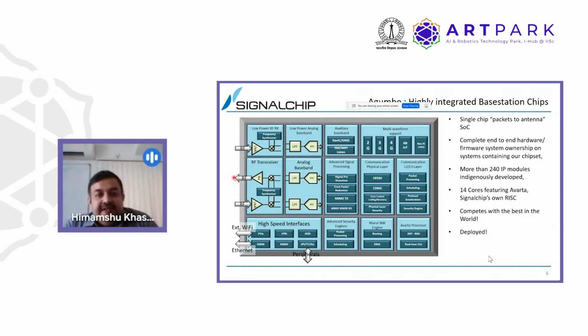This could be coupled with an external power amplifier to do higher ranges and larger capacities, which I will show how we have done earlier.